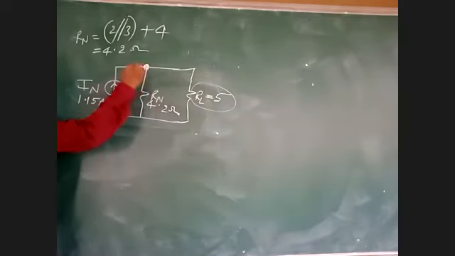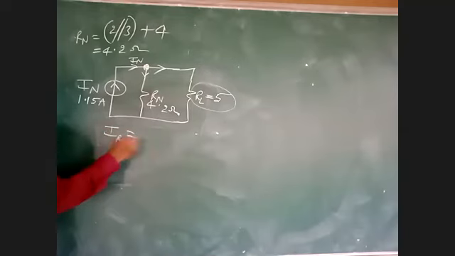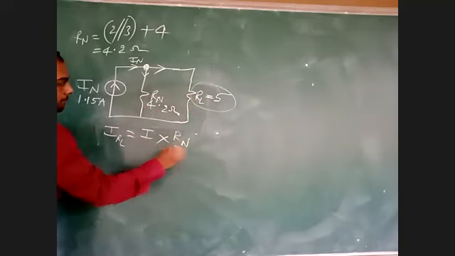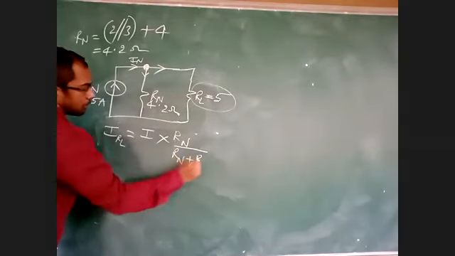There is only one node here. This current IN is coming here and it is dividing in these two branches. Current in the load resistance is equal to total current into the opposite branch resistance by the total resistance of the parallel branches.